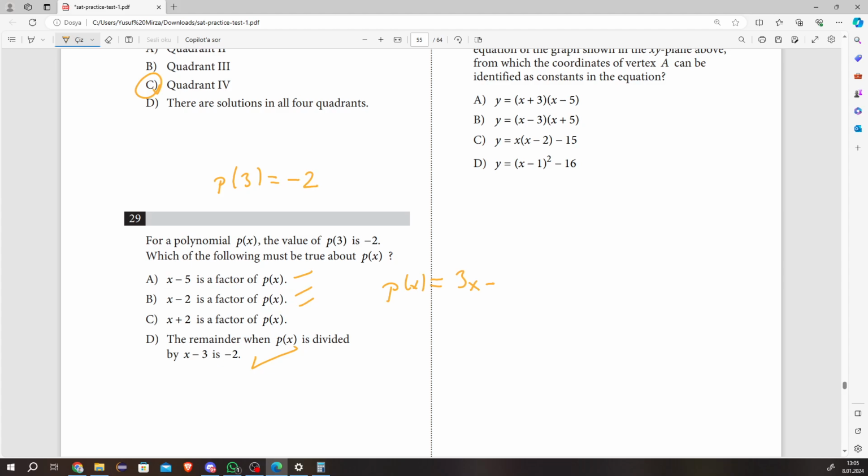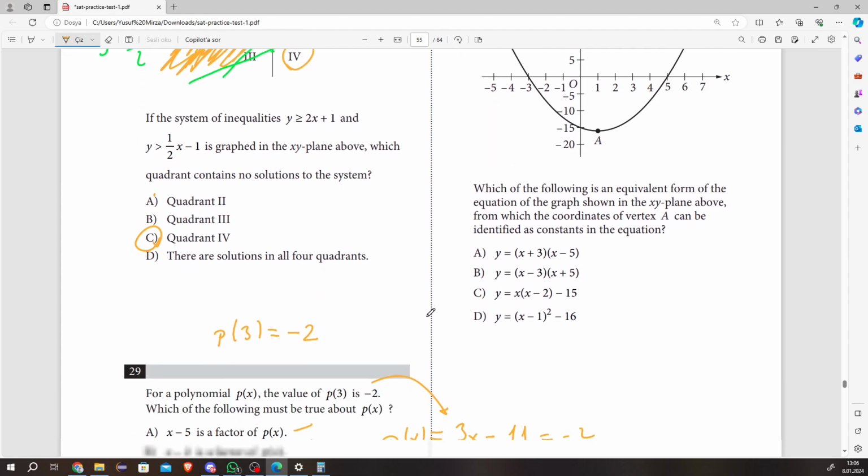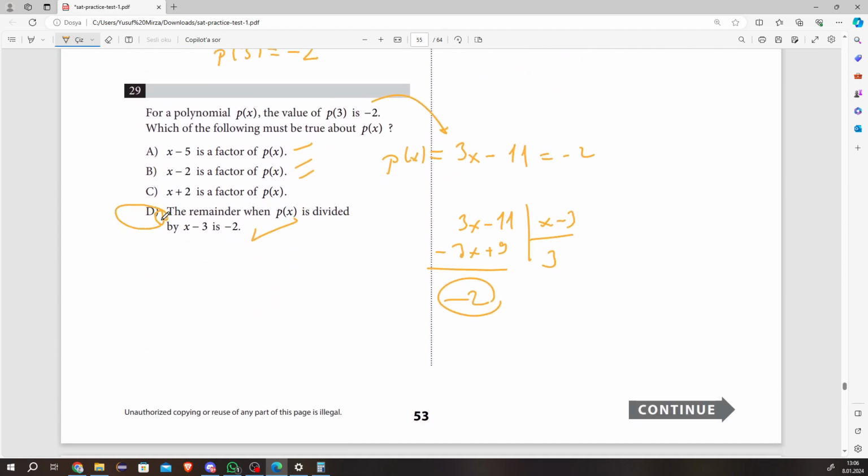Yeah, you can, it's easy. You can say, and they say it's this. If you put 3 there, it's minus 2. So if we divide it, we will see minus 2 is the answer. So you can go for it.